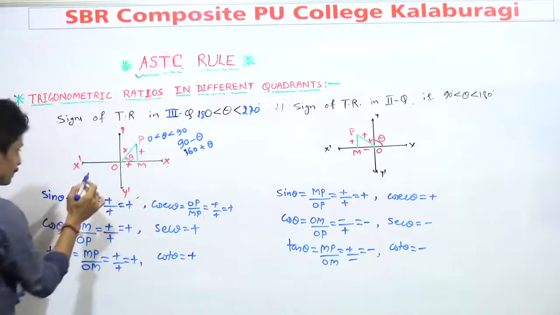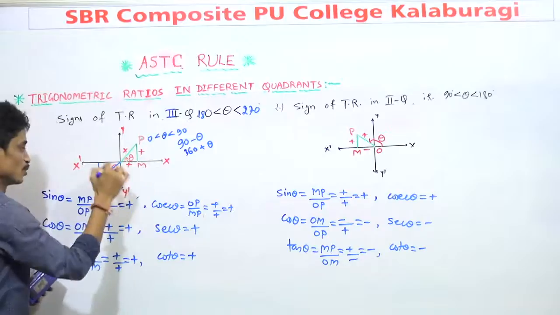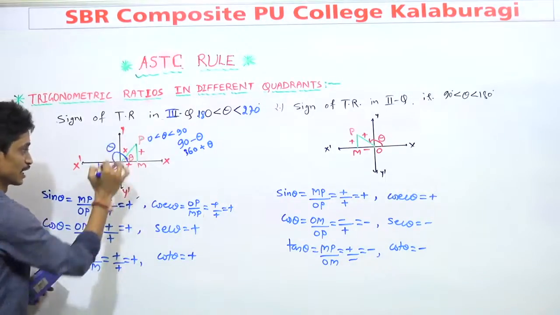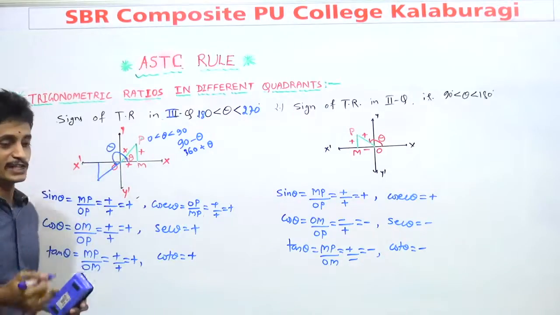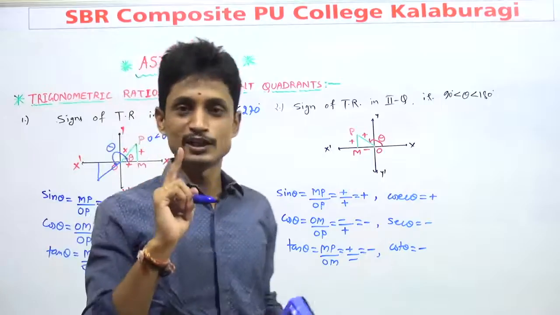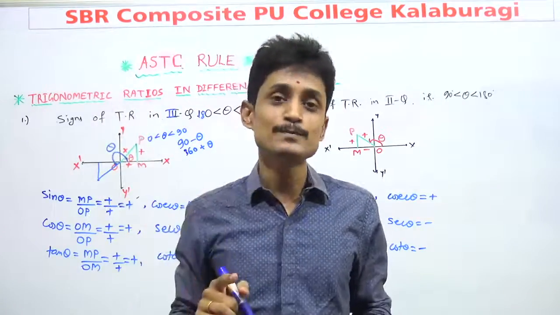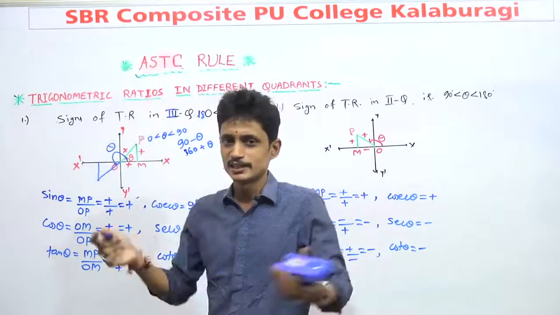The same OP, I will take the position here in the third quadrant, as it has moved. Up to here the total change we get is theta. What can theta be? It can be 181 degrees, 182 and so on up to 269 degrees. Any one angle.